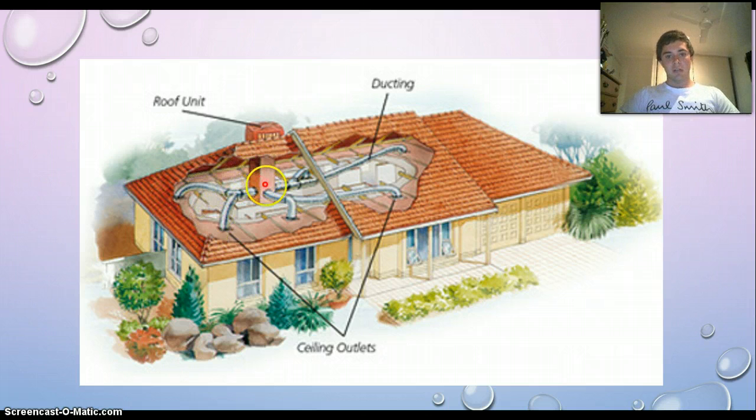It uses ducting to blow the air as the cool air goes out of the system, and then it goes through ceiling outlets, which then travel throughout the house. Some of the systems may only have one duct, and it just pumps straight cool air into the one position. And some of the houses might also have vents, which allow the moistured air to travel out, so it's a constant cycle of the cool air. But I'll go in more detail on that soon.